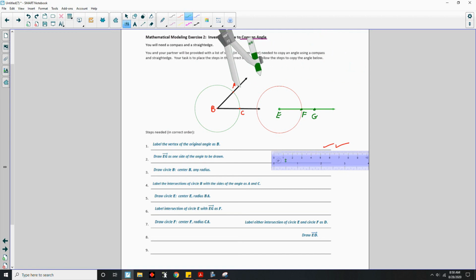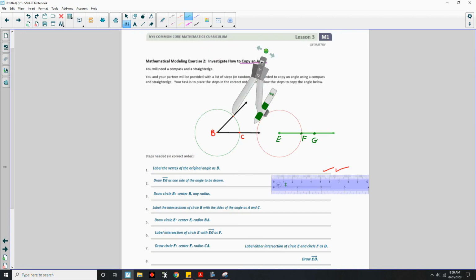To create a radius of CA, I'm going to put my compass point on A or C and put the pencil end of it on the other, in this case C. It's open too wide here, so I will narrow it up to C. There it is. Let's make this blue. So now I have my compass set. I'm going to put a little mark there to show you where this came from.